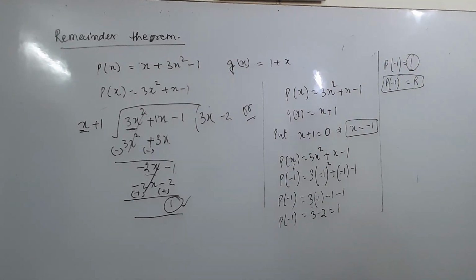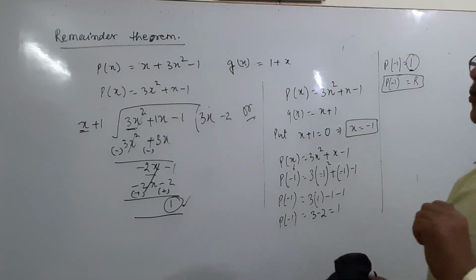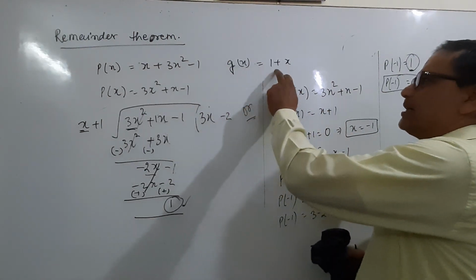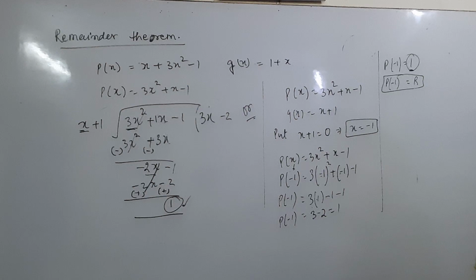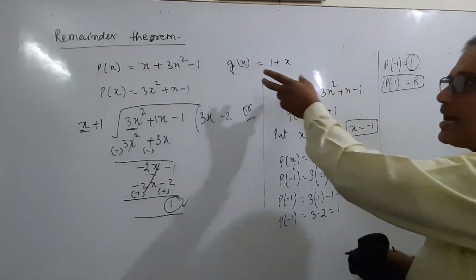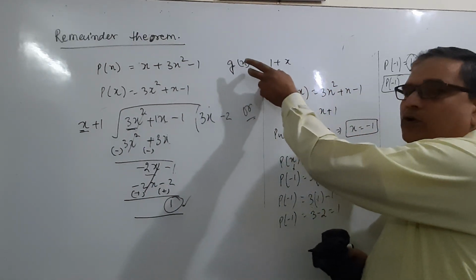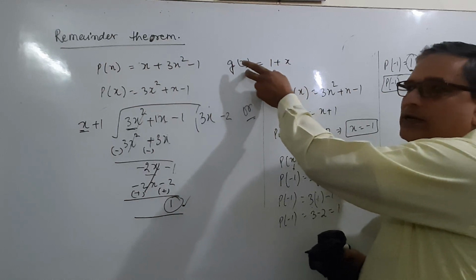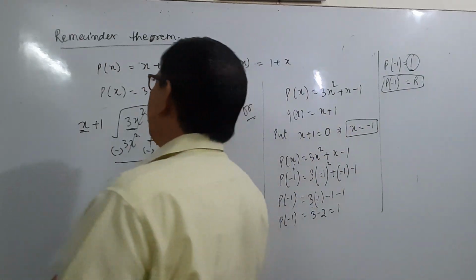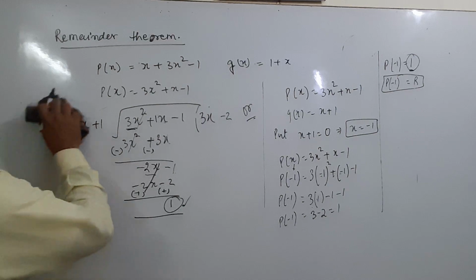We can say that if any polynomial is divided by g(x), which should be a linear polynomial, g(x) should be a linear polynomial. Take one example from here. Also, please be careful about that.